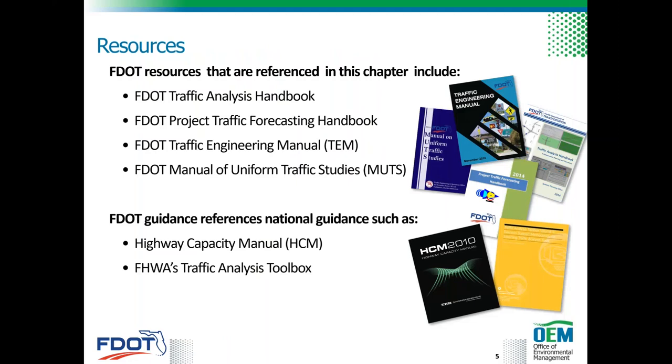And of course, I'm sure you're familiar with some of the resources, at least in the department. We have the Traffic Analysis Handbook, the Project Traffic Forecasting Handbook, the Traffic Engineering Manual, and the Manual of Uniform Traffic Studies. In addition to that, the department has adopted the HCM, or the Highway Capacity Manual, and FHWA's Traffic Analysis Toolbox.